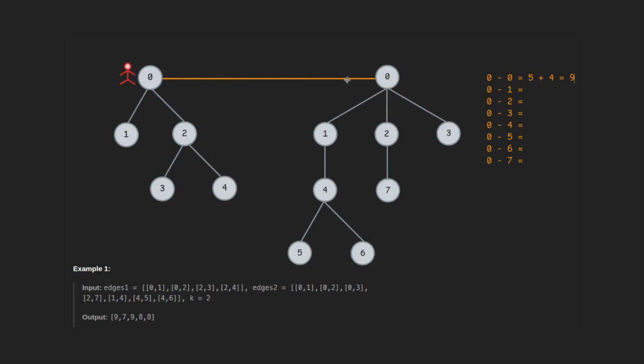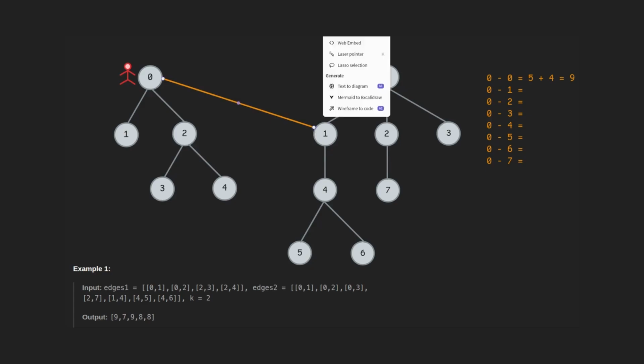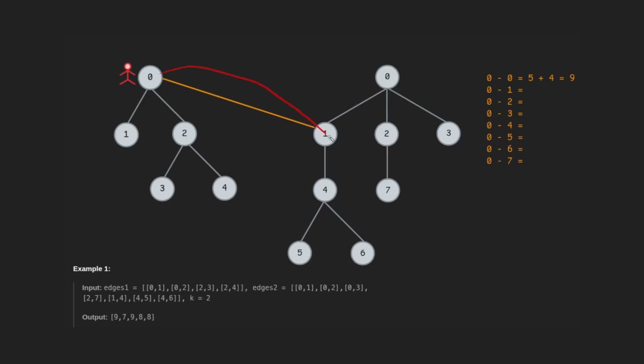Now let us say that we connected a path from 0 to 1. After connecting 0 to 1, we can see that this person can hop 2 steps, so reachable nodes are 4, 1 and 0 from the second tree. Let us update here.